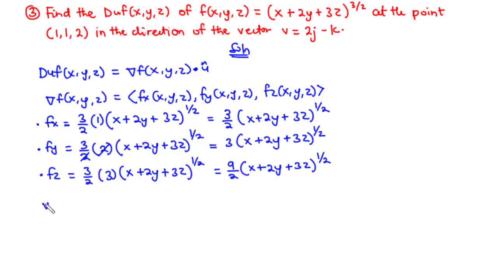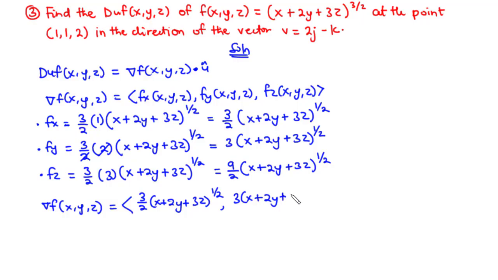So the gradient of the function f(x, y, z) is given by the vector which has components 3 over 2 (x plus 2y plus 3z), all exponent 1 over 2, comma 3 times (x plus 2y plus 3z), all exponent 1 over 2, comma 9 over 2 times (x plus 2y plus 3z), all exponent 1 over 2.